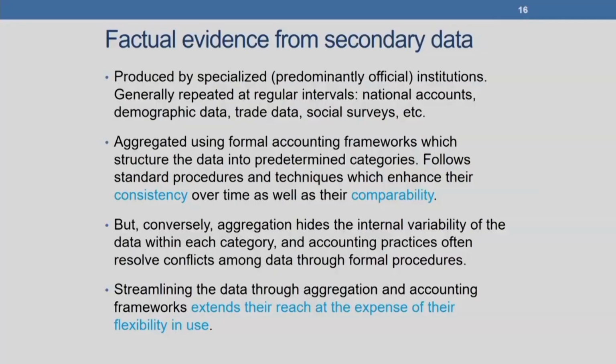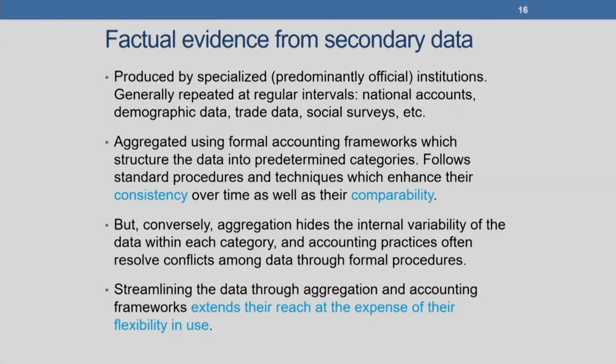But aggregation also hides internal variability of the data within each category, and accounting practices often resolve conflicts among data through formal procedures. One of the basic differences between survey analysts carrying out small sample surveys, single researchers or team based researchers, vis-a-vis those carried out by established institutions, is that with small scale surveys you are still closer to the data, still closer to the cases that you are studying.